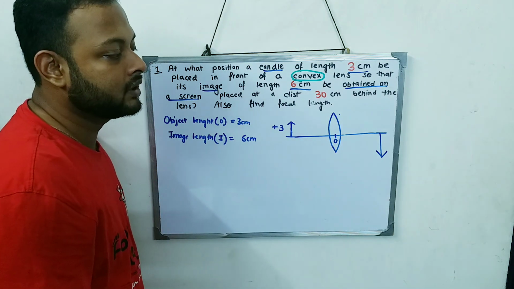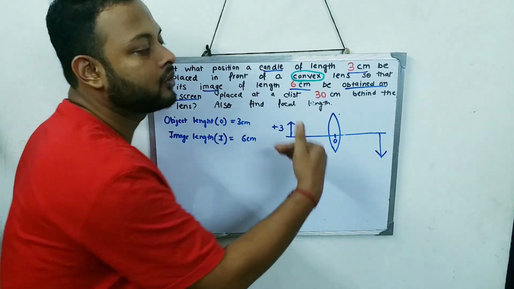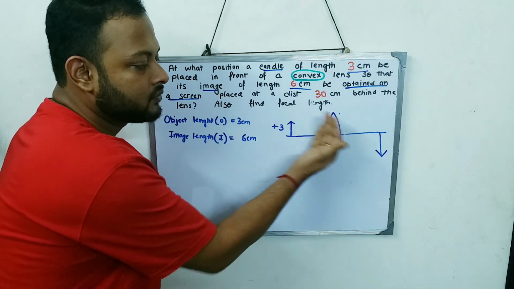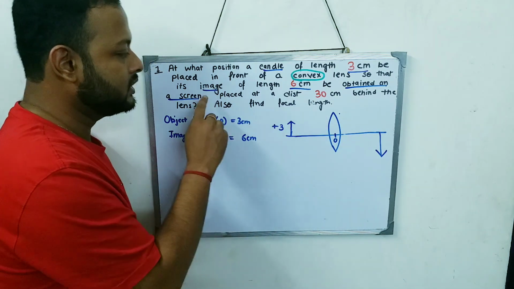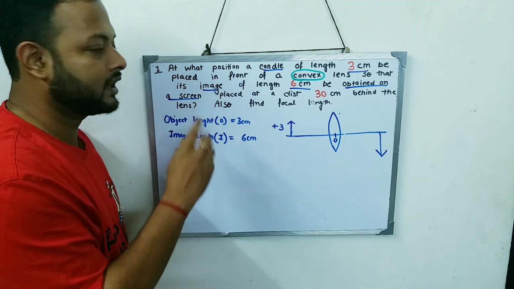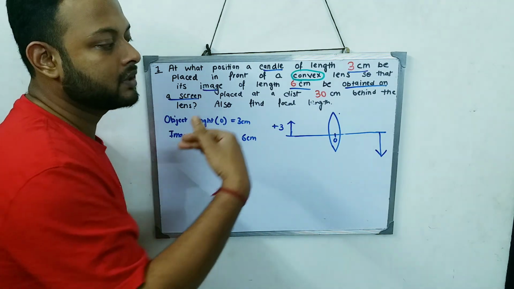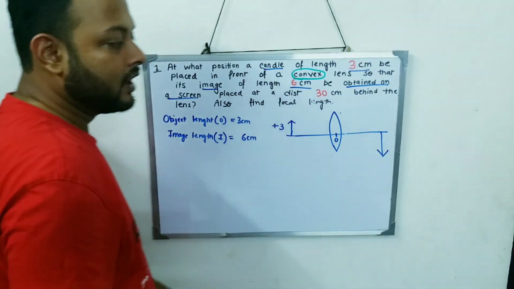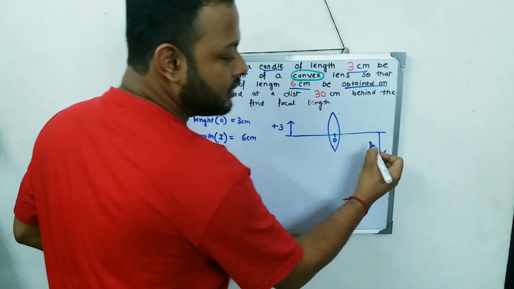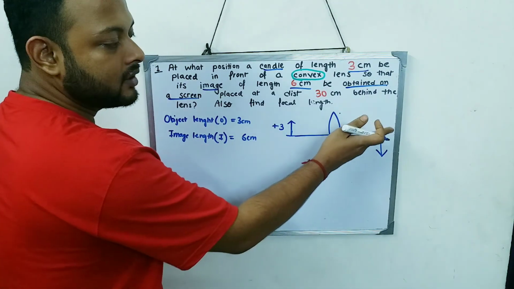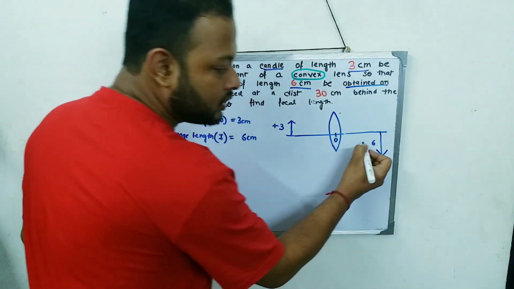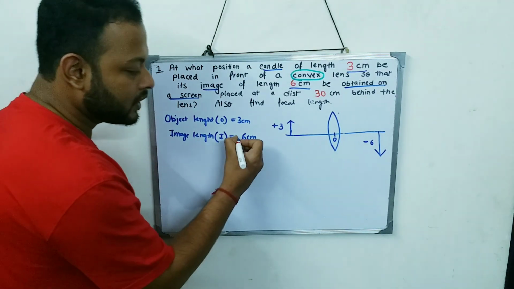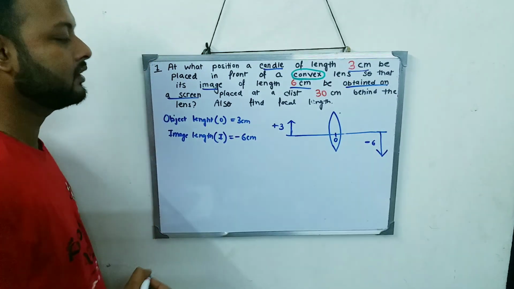All the real images of a convex lens are formed on the other side, and only in one situation do you have a virtual image, which is formed on the same side. So since it is obtained on the screen, that means it's a real image, and a real image is behind the lens, and it is inverted. If this is 6 centimeter, it is below the principal axis. So this will become minus because it is below the principal axis. Clear?